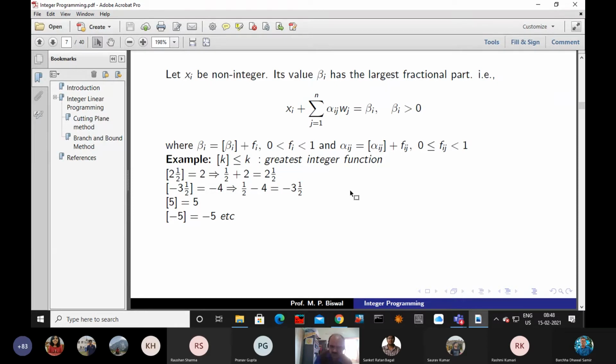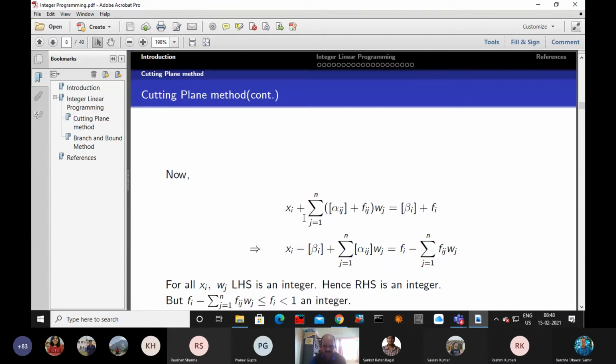So we'll find like this: xi plus summation over j varies from 1 to n, instead of alpha ij, we'll write the integral part of alpha ij plus fij, into wj, equal to the integral part of beta i plus fi. Is it clear? So you start substituting.